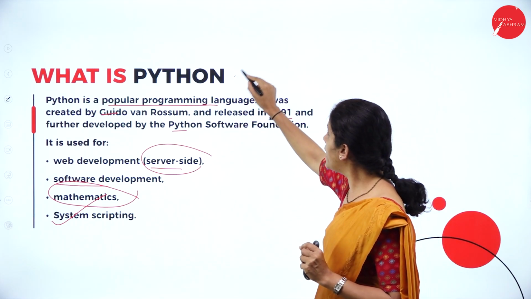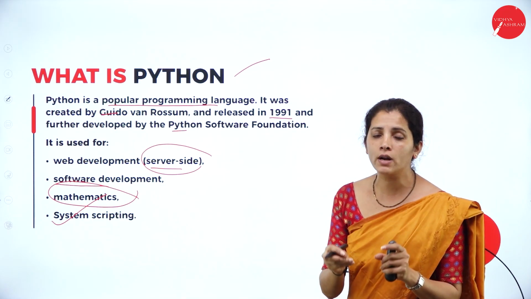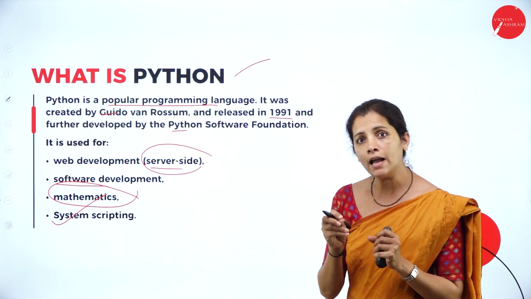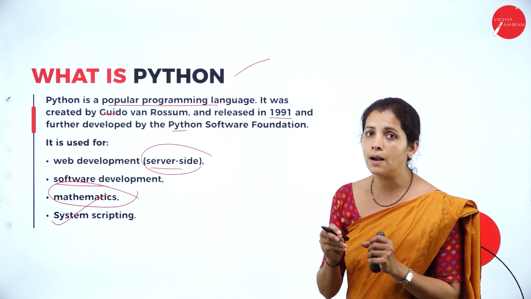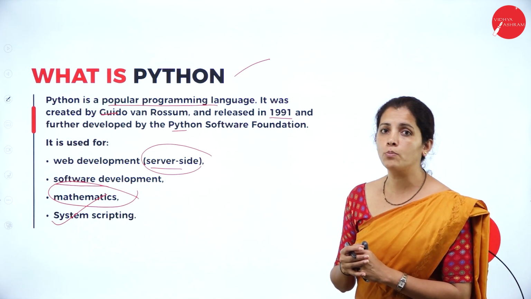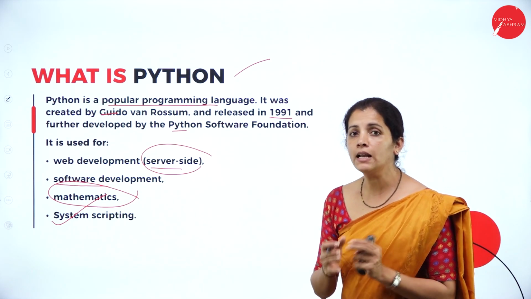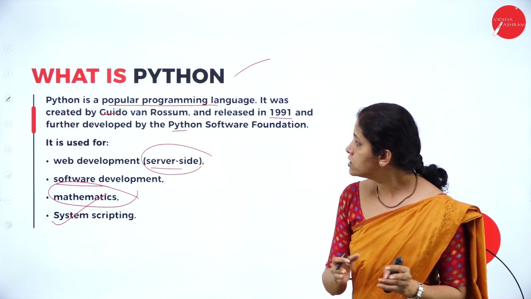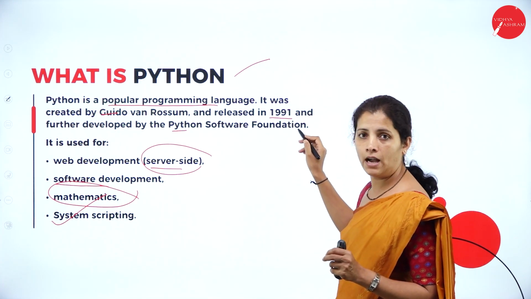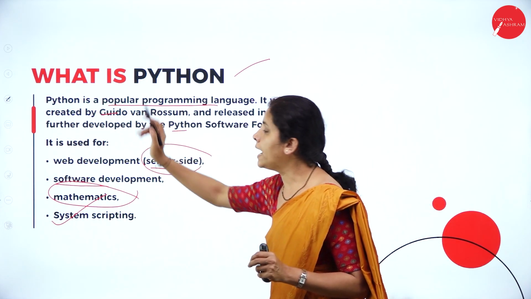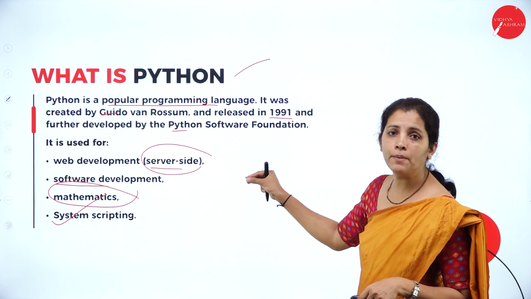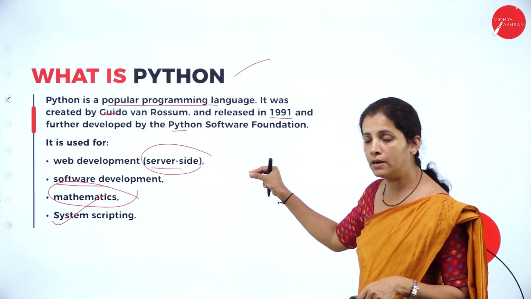So here Python is a simple and popular programming language, and it's also an example of a high-level programming language and object-oriented programming language, and it was developed in the year 1991 by Guido van Rossum. Okay, these are the certain points you have to remember.